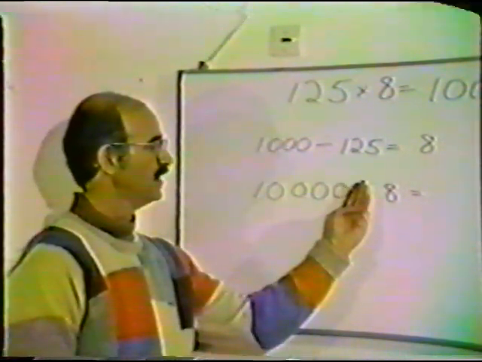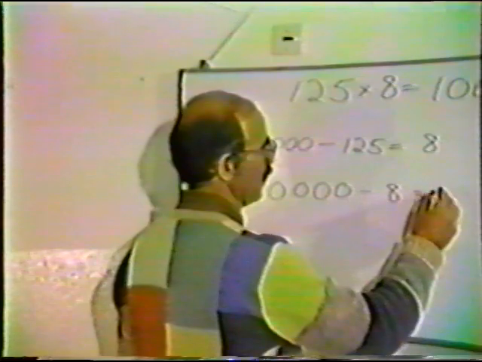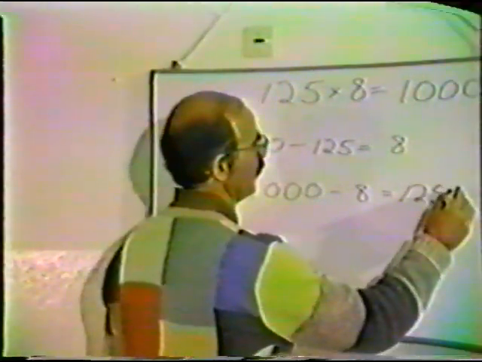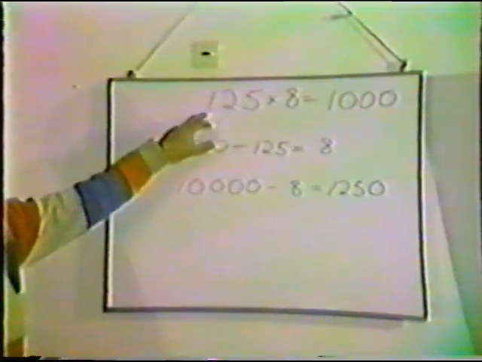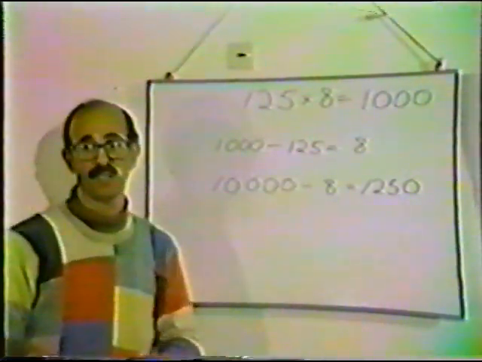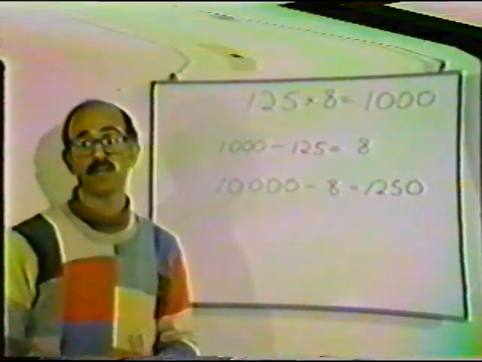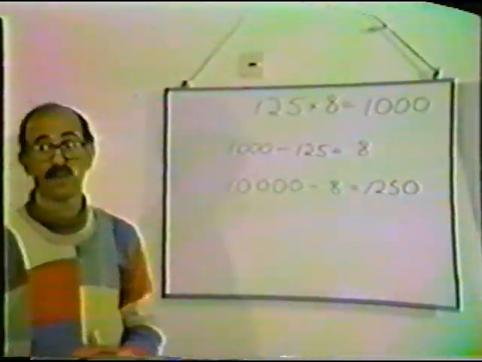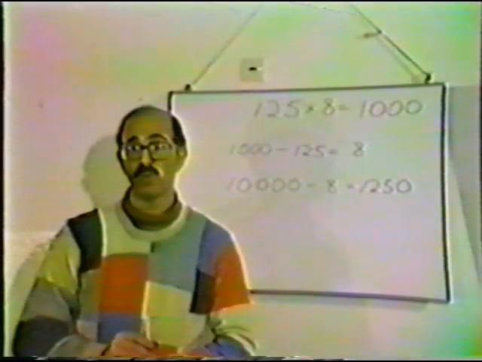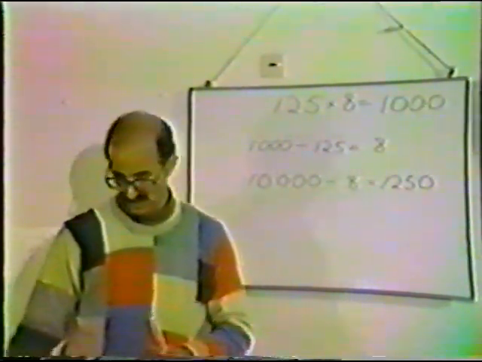And the extra 0 makes it 125 with an extra 0. So knowing that 125 times 8 is 1,000 can come in handy when these numbers come up, and they come up very often when you're working with decimals.